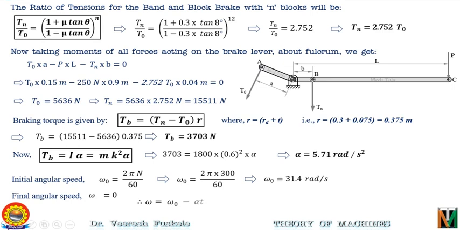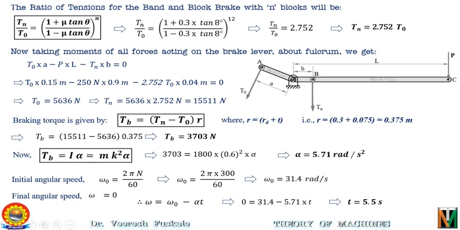And we know that omega is equal to omega 0 minus alpha t. Substituting the value of omega 0 and alpha, we have 0 is equal to 31.4 minus 5.71 into t, and this gives us t is equal to 5.5 seconds. So the time taken by the system to be stationary is 5.5 seconds.